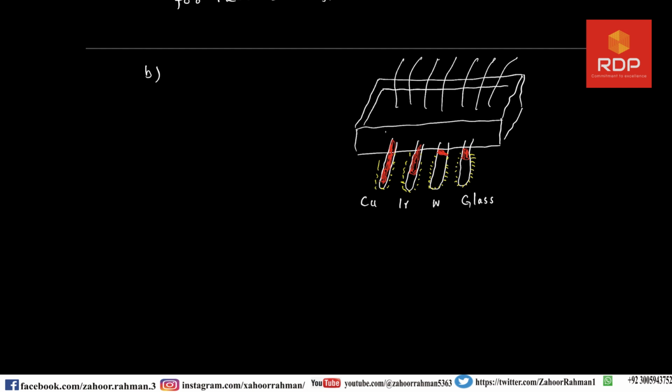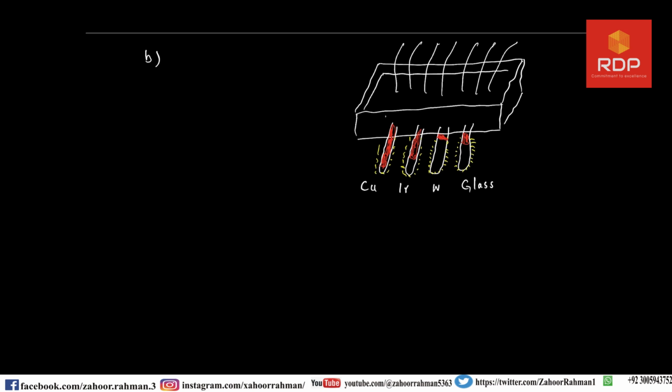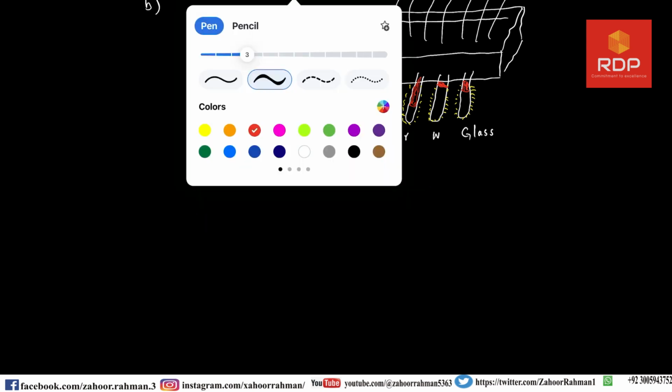If you need more detail, you can go to my previous lectures, find this experiment, and then understand. But I explained it in this particular fashion so you can learn it here. Okay, that was the second part.